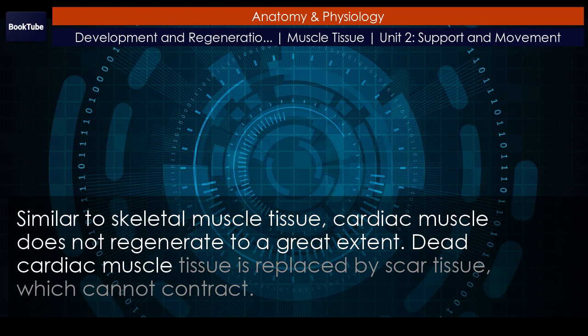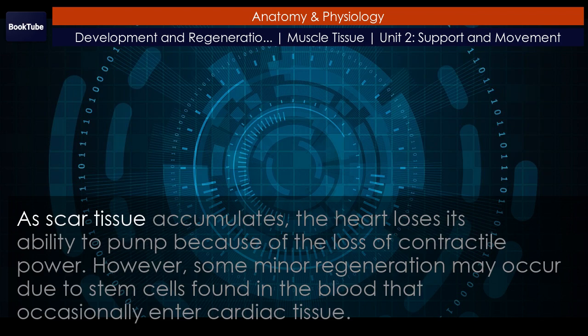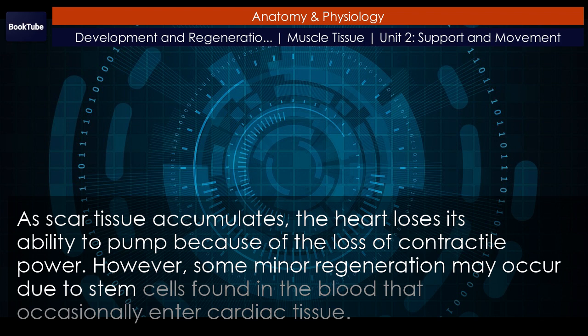Dead cardiac muscle tissue is replaced by scar tissue, which cannot contract. As scar tissue accumulates, the heart loses its ability to pump because of the loss of contractile power. However, some minor regeneration may occur due to stem cells found in the blood that occasionally enter cardiac tissue.